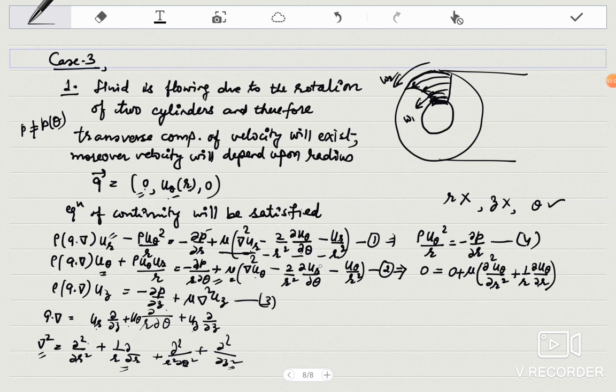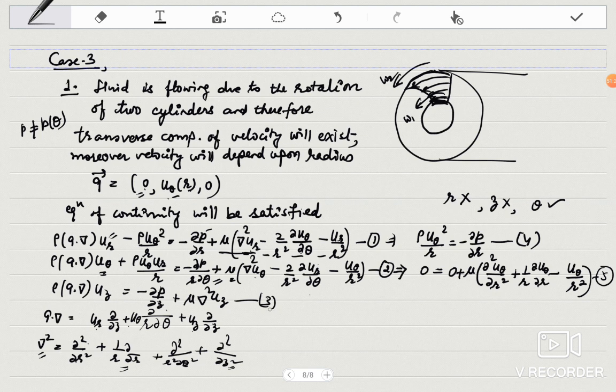Next, ur is 0, so one term is left. The next term will be minus u theta upon r square. So this is equation 5.